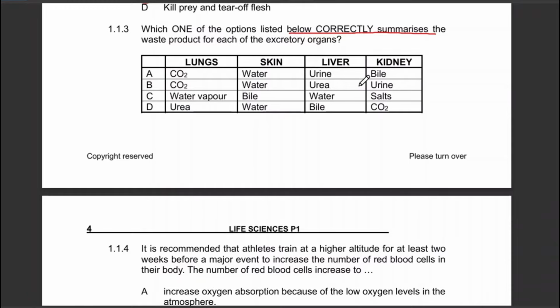A is definitely incorrect because of this and this. B looks right, but let's look at C. No. I don't even have to look at the rest. Okay, correct one is B.